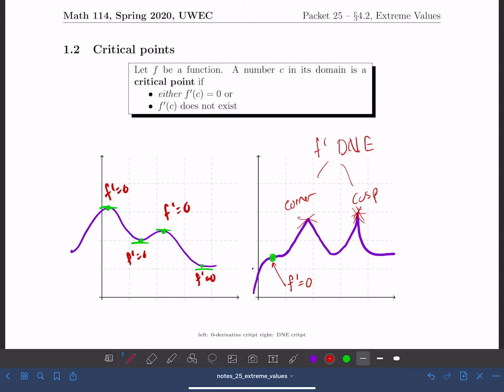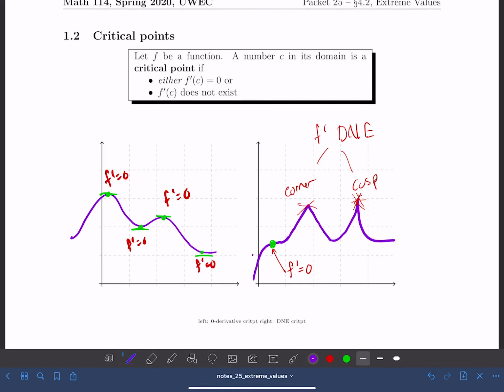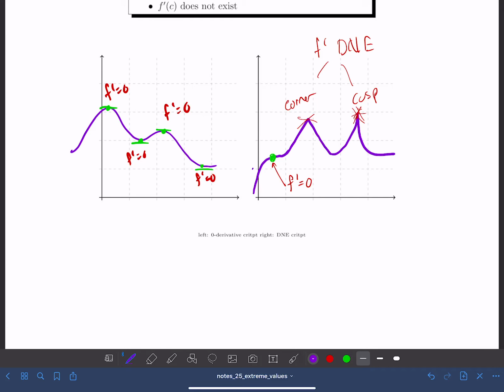So that's the definition of a critical point. Based on these two pictures, I want you to note some particular things. If we're not talking about endpoints, then one thing you should pay attention to from these diagrams is that optima seem to occur at critical points.